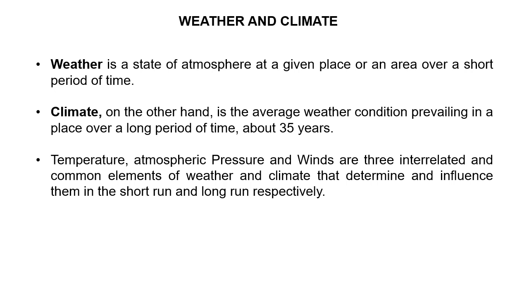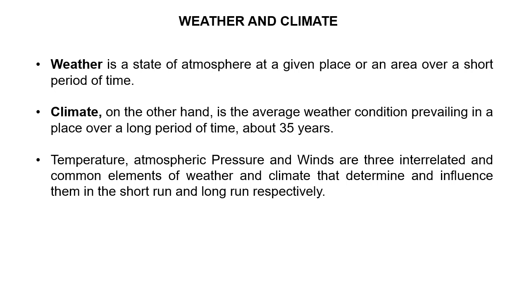Being a student of geography, you should know what weather is. The definition of weather is the state of the atmosphere at a given place or an area over a short period of time.